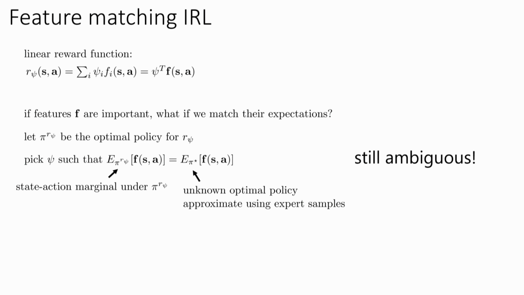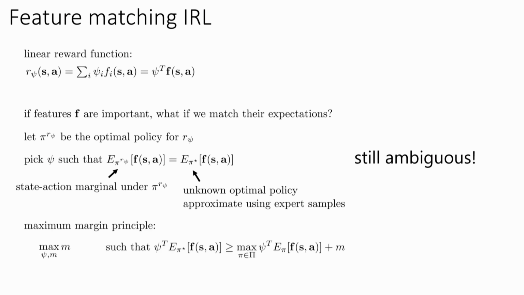So people thought, can we apply that principle here too? Can we pick the reward function that in some sense draws the largest margin between the policy of the expert and all other policies? The idea was to find the parameters psi so as to maximize a margin, where the margin is the largest number that you can add to the reward of the optimal policy under r psi and still have it be at least as good as the reward of any other policy.